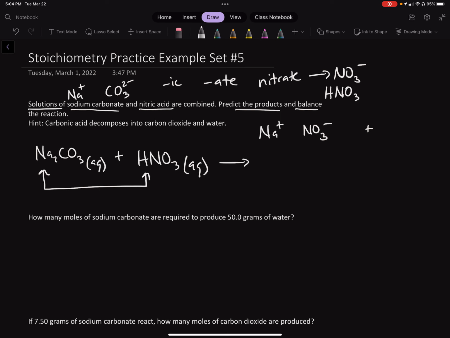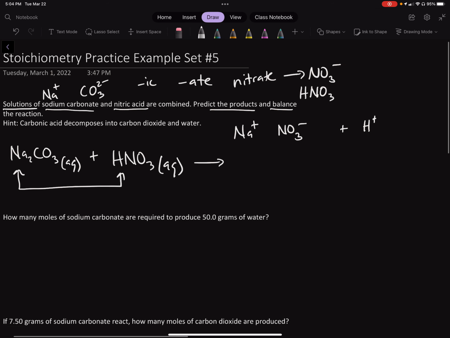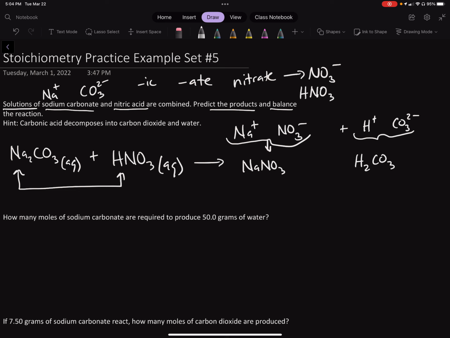And then we're also going to have the hydrogens, which hydrogen is 1 plus, and the carbonates trying to form a neutral compound. Now, if you take sodium and nitrate, you only need 1 of each to make a neutral compound. So NaNO3. And then if you were going to take hydrogen and carbonate, since carbonate has a 2 minus charge, that means the formula for the compound we create must be H2CO3.